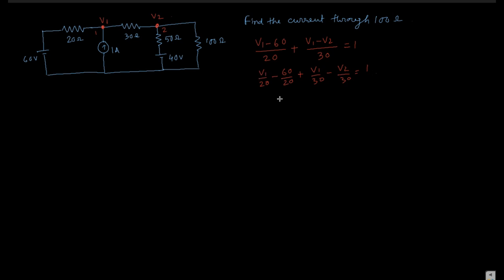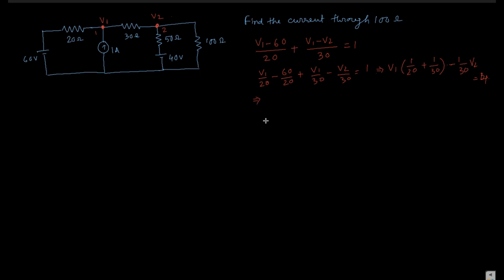If you take out V1 as common, V1 (1 by 20 plus 1 by 30) minus 1 by 30 V2 is equal to 3 plus 1, that is 4.